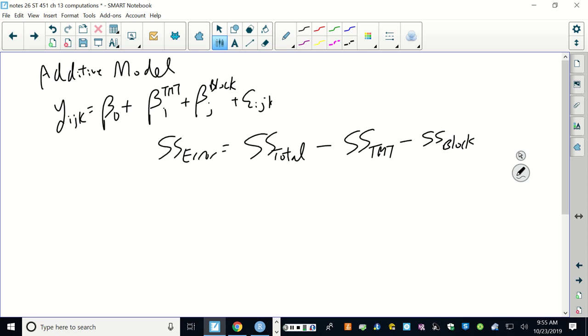Degrees of freedom for error is the total sample size minus I minus j. And I forgot to say degrees of freedom for the blocks.